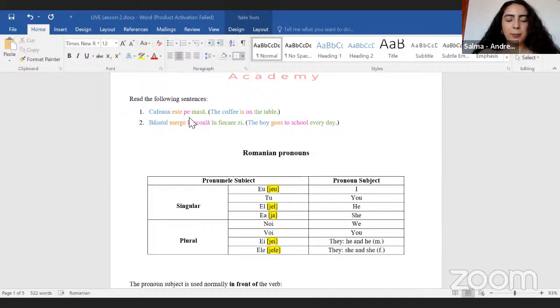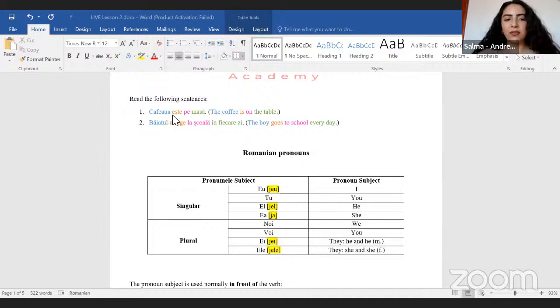Cafeaua este pe masă. As you can see, cafeaua is the equivalent of the coffee, meaning that cafeaua has the definite article. As we already know, in English, the definite article, the, stands before the noun. Well, in Romanian, that goes quite differently, and the definite article is at the end of the word, and it's attached to the word as a suffix, so to say.